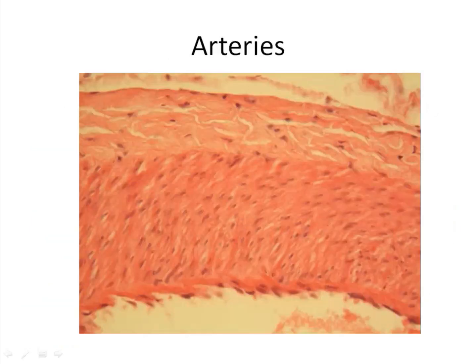Now here in this last slide of the histology of artery, I want to show you an example. When you see a slide under the microscope, it looks like this, and by looking at this slide you have to identify that it is of an artery. How?